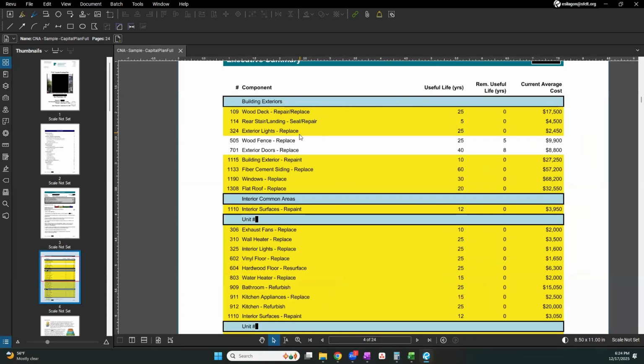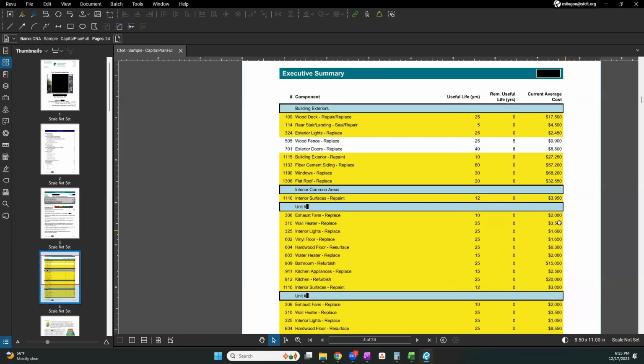These are all the components that were identified in the site visit and how many remaining useful life years are left out of the standard useful lives. And this is the current average cost to completely replace that item. So for the wood fence, even though it has 5 years left, if we were to replace it today, it would be about $9,900.